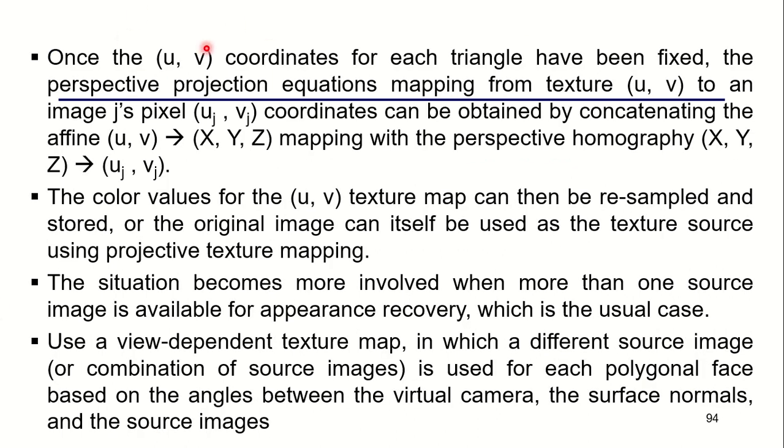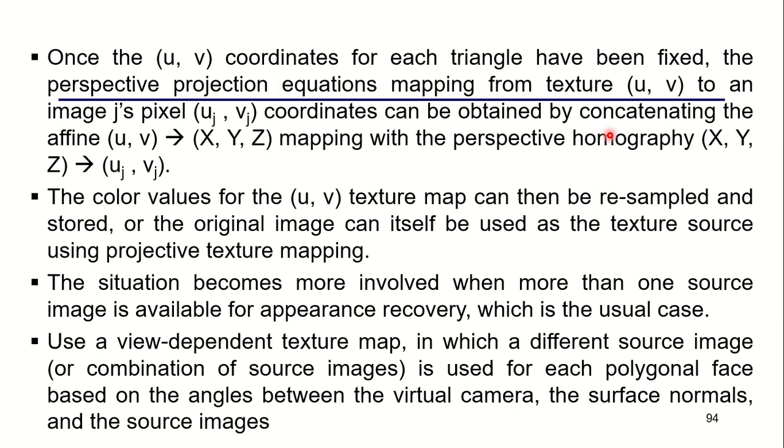Once the u, v coordinates for each triangle have been fixed, the perspective projection equations map from the texture u, v to an image j's pixel uj, vj. So this is a general representation, and this is the pixel coordinates for the particular image j.